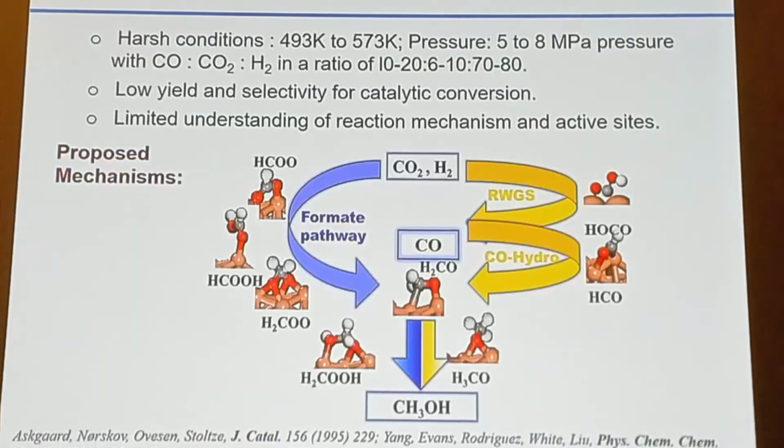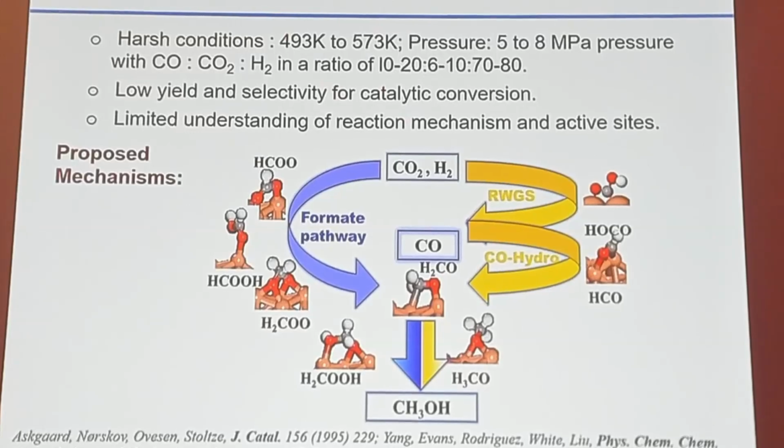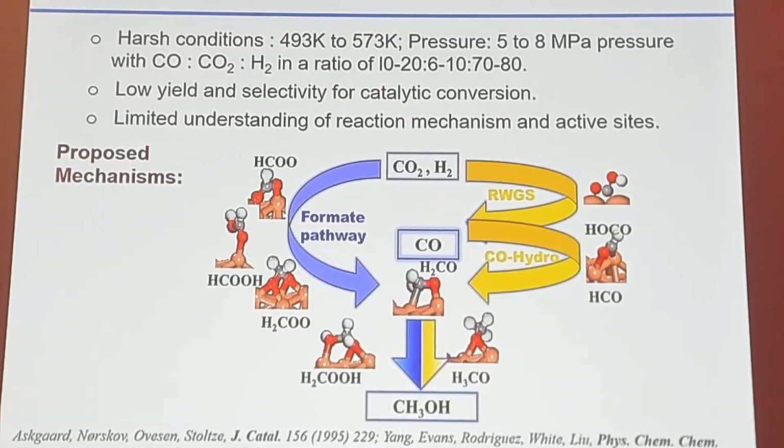All these efforts are really targeting the challenges we have right now for CO2 hydrogenation to methanol catalysts, which suffer from relatively harsh conditions, relatively high temperature and extremely high pressures. Also the yield and selectivity are still problematic.